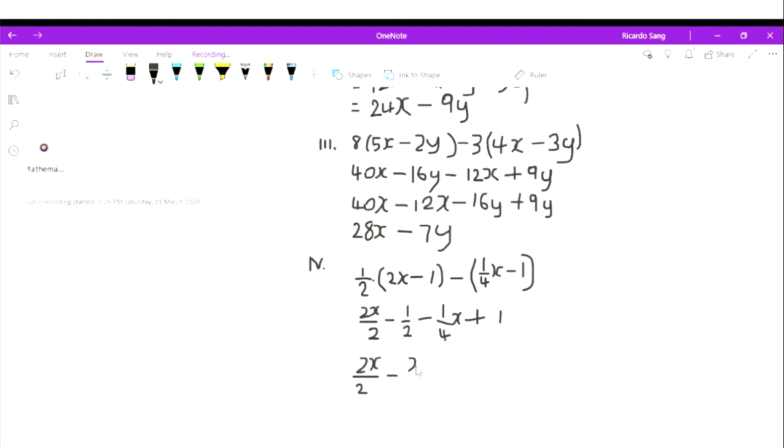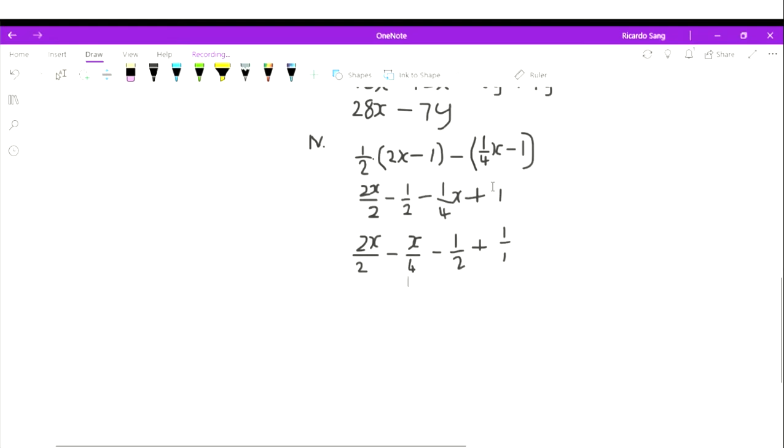This can be written as x upon 4, the same thing as a quarter x, and this is going to become minus a half. Let's put this in fraction form and call it 1 upon 1. 1 upon 1 is still 1, but when dealing with fractions, we just say 1 upon 1.